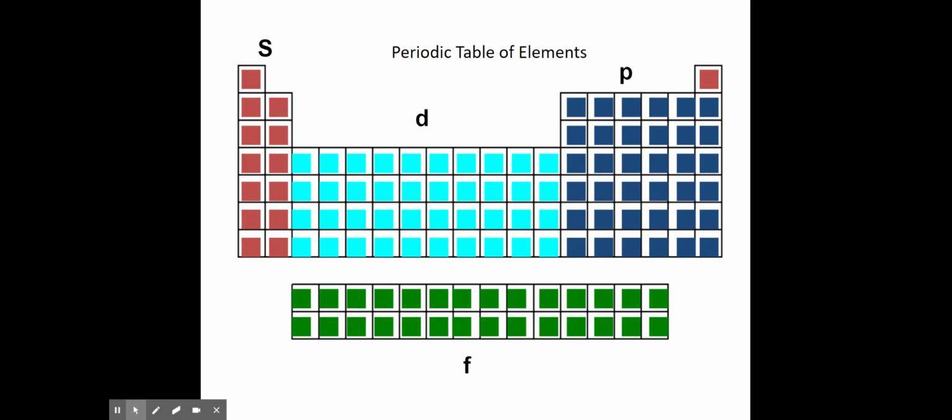So that's why helium is drawn over on the right-hand side of the periodic table, even though technically it's the S subshell that's being filled. For all the others, it's not only that S subshell, but the P subshells as well.